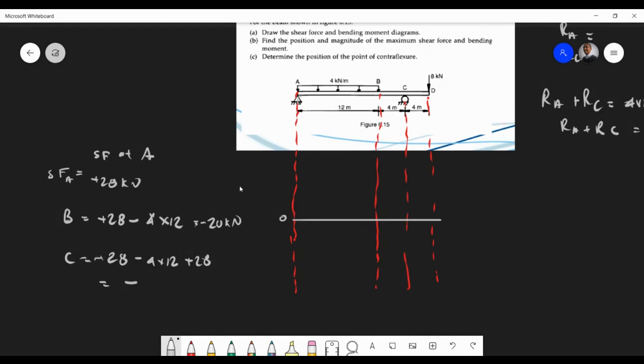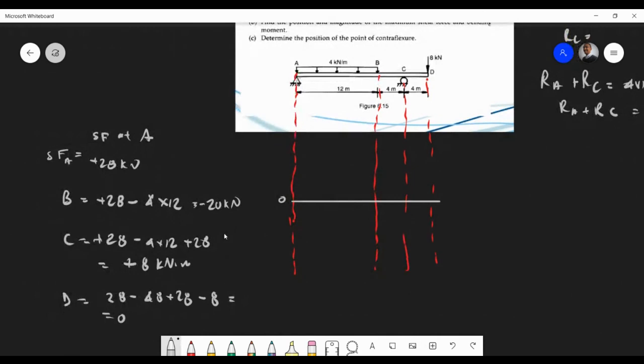Oh, it's not minus 48, it's plus 48. 28 times 2 minus 48, that's 8 plus 8. And at D, that should all balance out and be 0, right? You can check: 28 minus 48 plus 28, and of course that'll be a negative 8, which gives you 0.